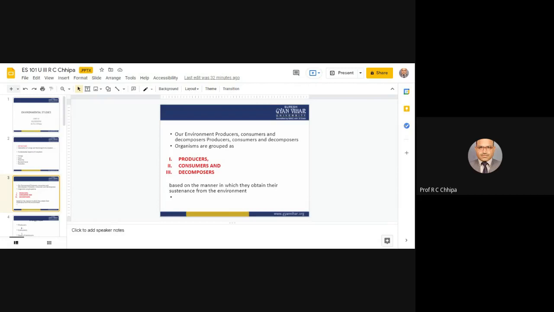So in case of the producer, there is also the consumer, there is also the decomposer. Lastly, the plants are decomposed, and these producers are eaten by the consumers. Now we have to come towards the consumers. Various consumers are available. Those that feed on plants are the herbivores.